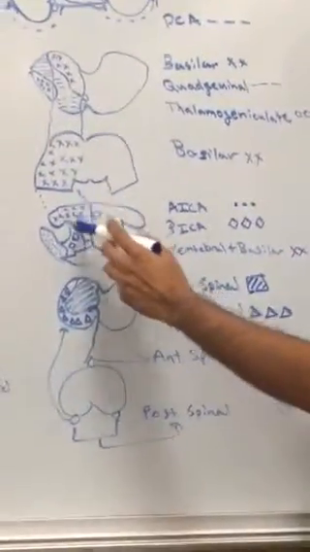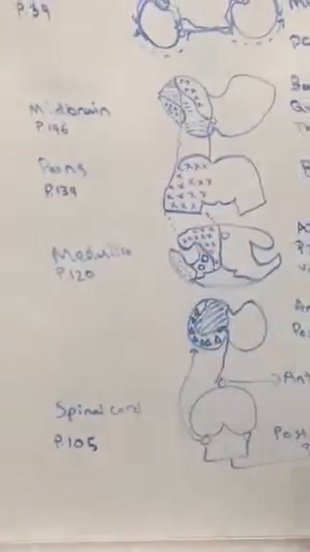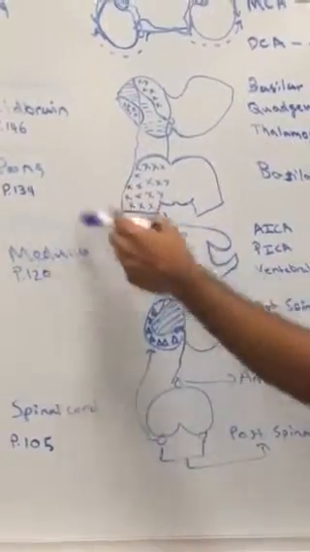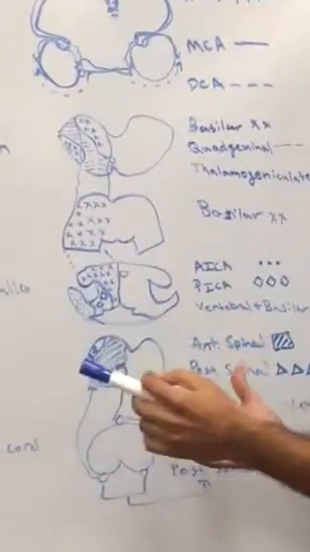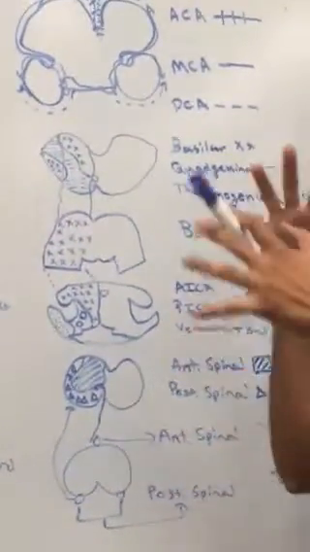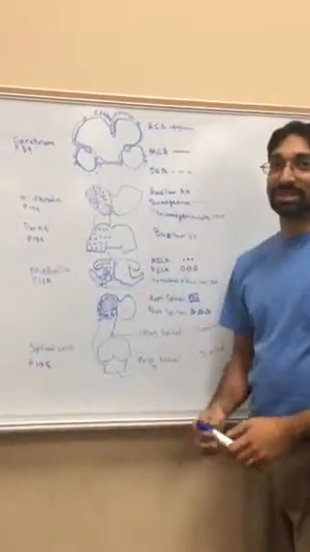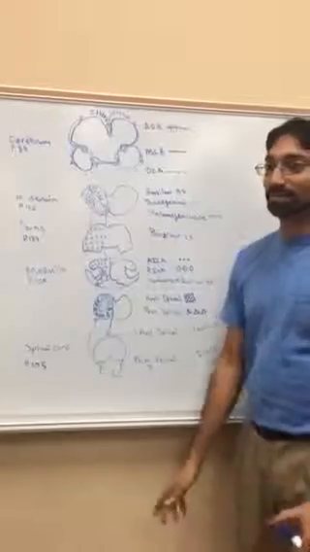So then, as we move into a higher portion of the medulla, and now as we move into the pons, everything is basilar. I know it's stupid how your book shows it as 3 different zones, but if you read what this caption says, all 3 of those zones are all supplied by the basilar artery.